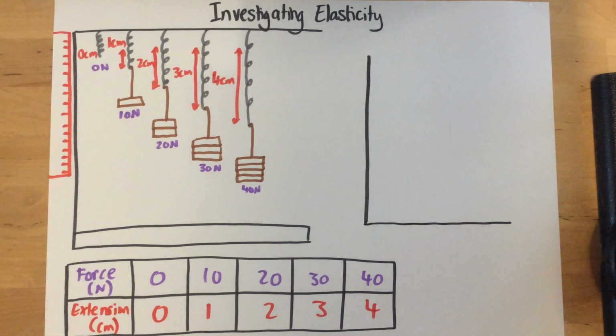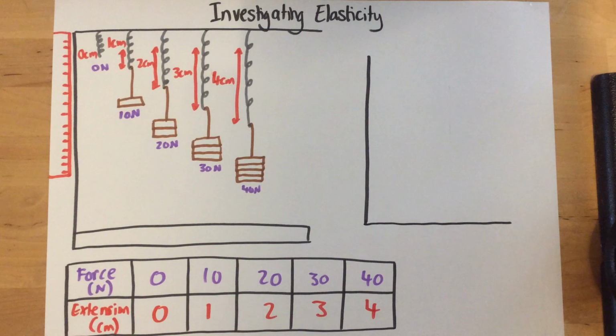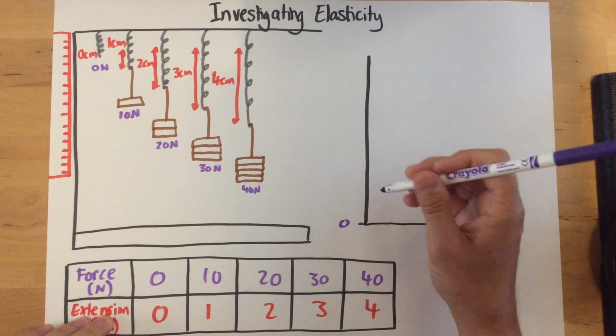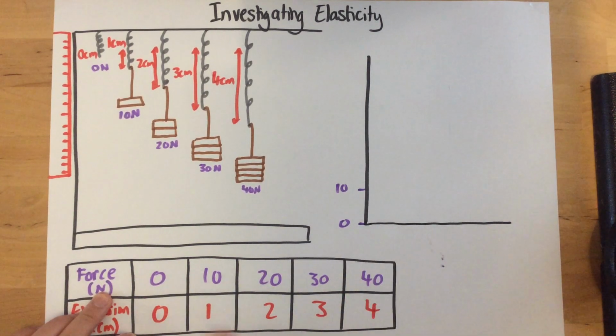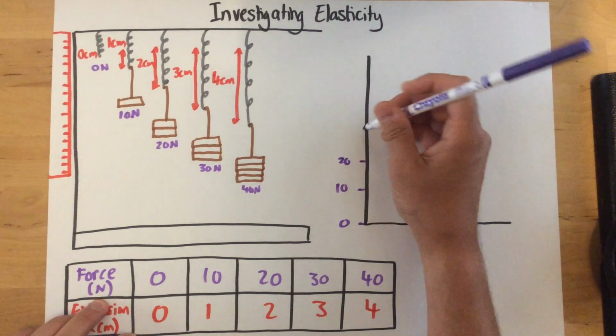Now, the first very unusual thing about these elasticity graphs is the fact that the independent variable actually goes on the y-axis. Normally, on pretty much every other graph we ever do, the independent variable goes on the x-axis, but there is an exception when doing these extension graphs.